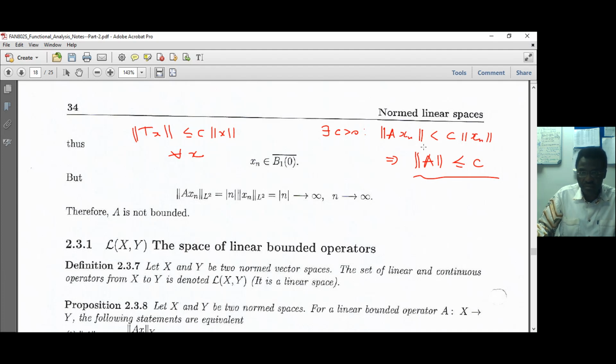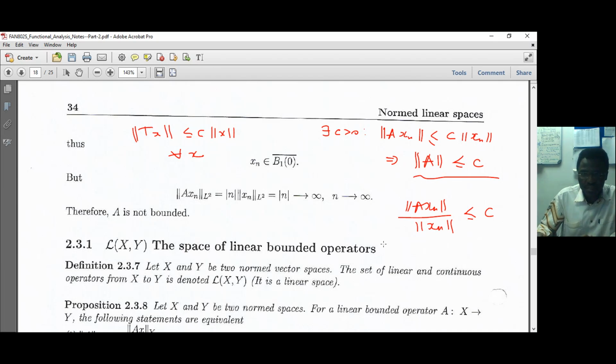If I take this ratio, it is less than or equal to C. So if I take the limit, it should be bounded.